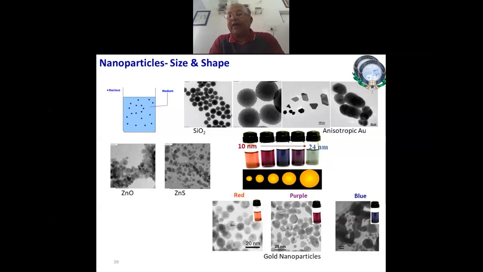That means the atoms moving around. If you put some extra energy to force the atoms to come together, okay, come together and then create the nanoparticles. And then finally, when it reaches the size we want, we have to somehow stop the process of growth.